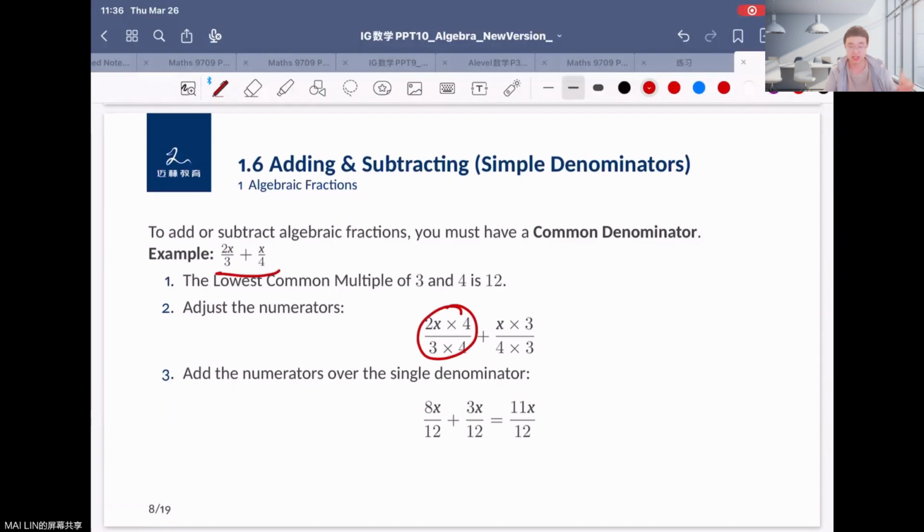So here is 2x times 4 over 3 times 4. And for x over 4, you times 3 and it becomes 3x over 12. So the final answer becomes 8x over 12 plus 3x over 12, which equals 11x over 12. So we can write it as a single denominator, right?